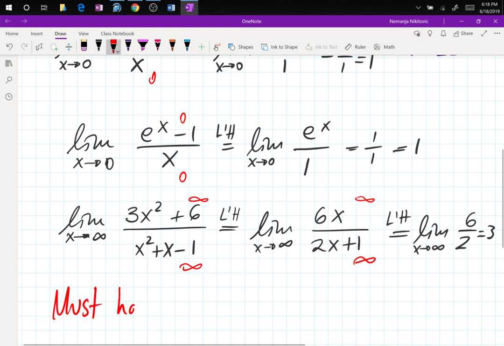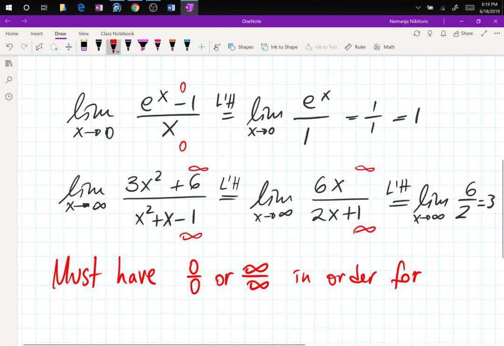Must have 0 divided by 0 or infinity divided by infinity in order for the rule to work. Good. All right. I used exactly the wording you gave me, except I'm going to be more dramatic. There we go. Bring some drama in.